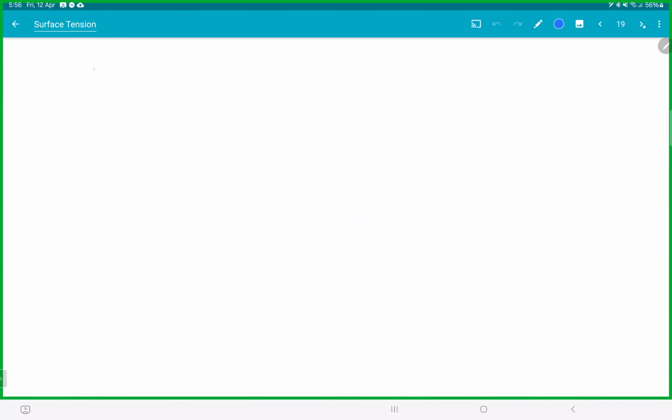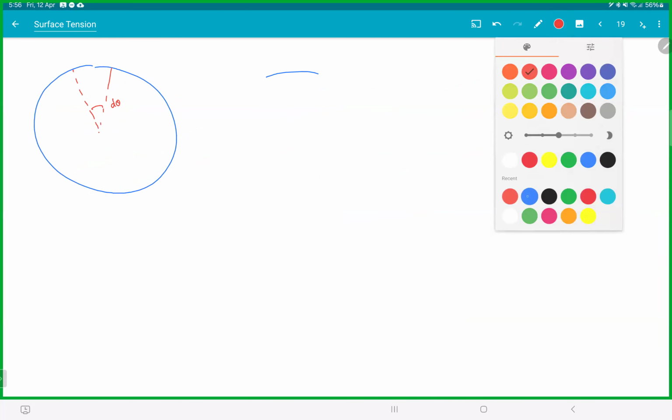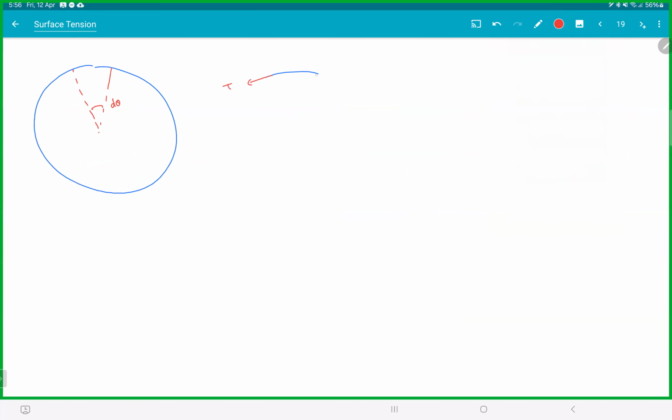The standard one is this. Take a small angle d theta. So on this, the forces will be tension. This you must have remembered. d theta by 2. This angle also will be d theta by 2.